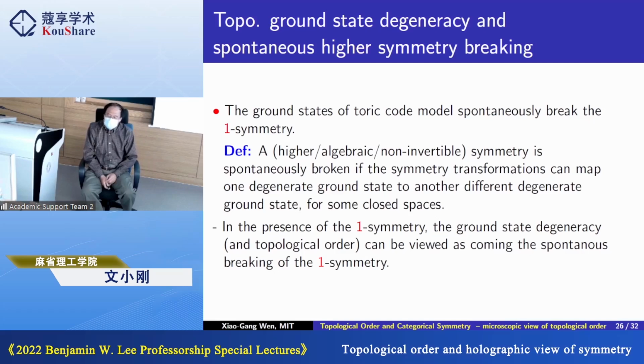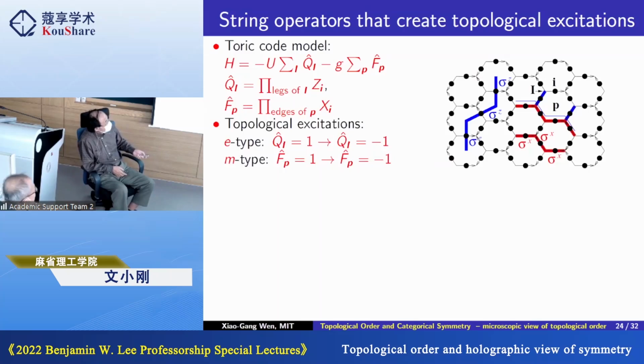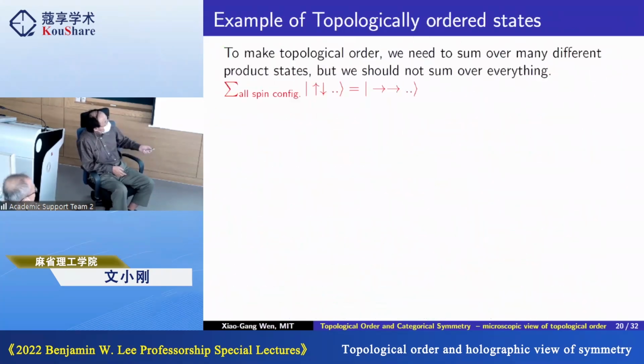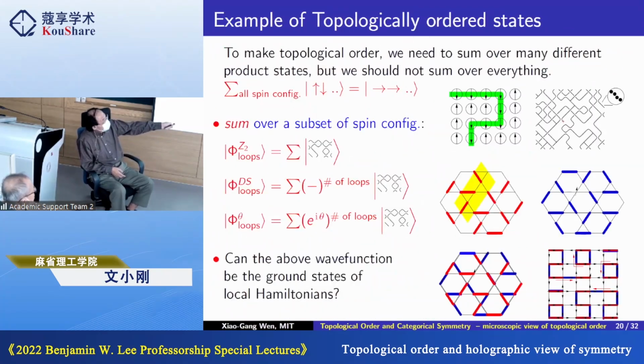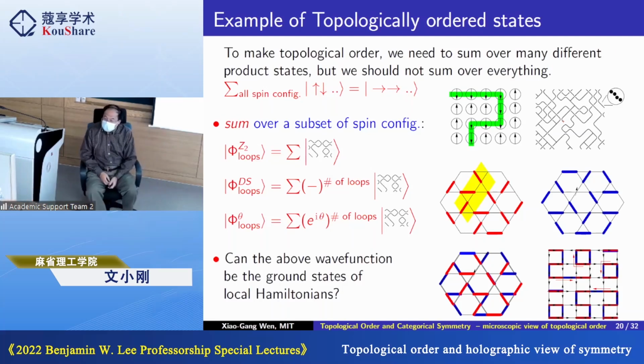But besides that question, my original question is how you can break this one symmetry spontaneously. Yeah, it's the same thing as making long-range entanglement. The sum over a subset of spin configurations actually gives you long-range entanglement.